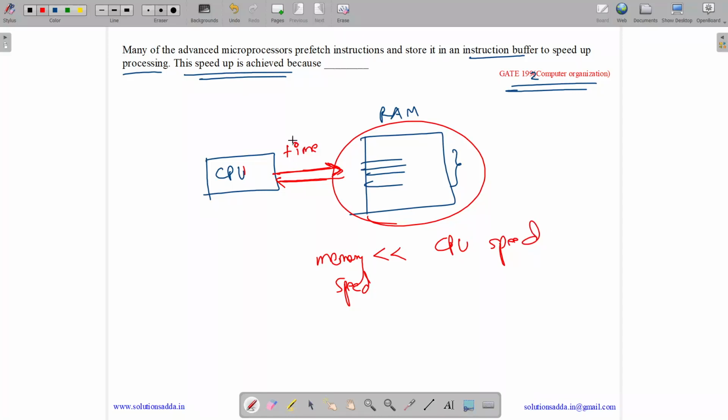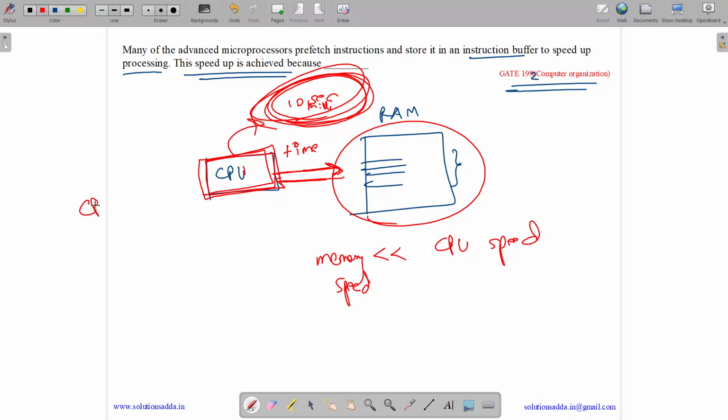So let us suppose it takes 10 milliseconds to get an instruction. This time is very high for the CPU, as the CPU is operating at a very high frequency. So for these 10 milliseconds, CPU has to remain idle. So what is the solution for this? We prefetch this instruction and store it in a buffer. And this buffer has a very low access time.